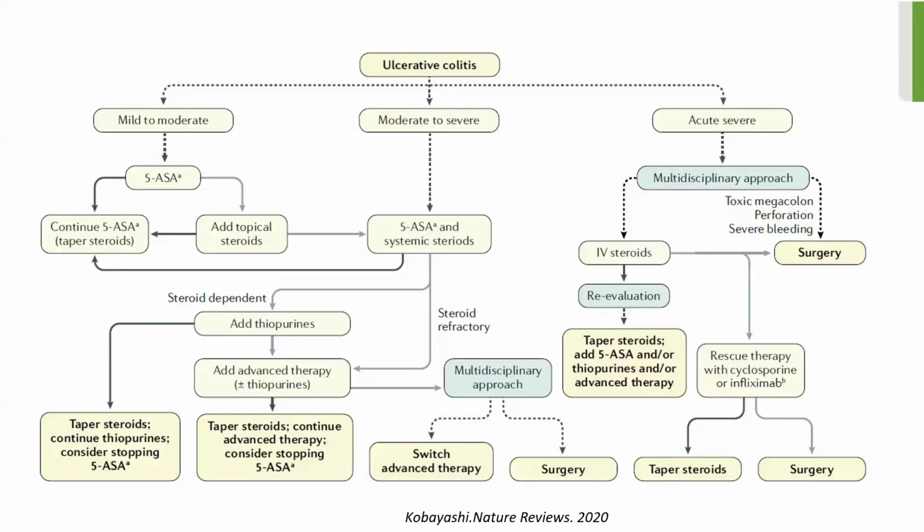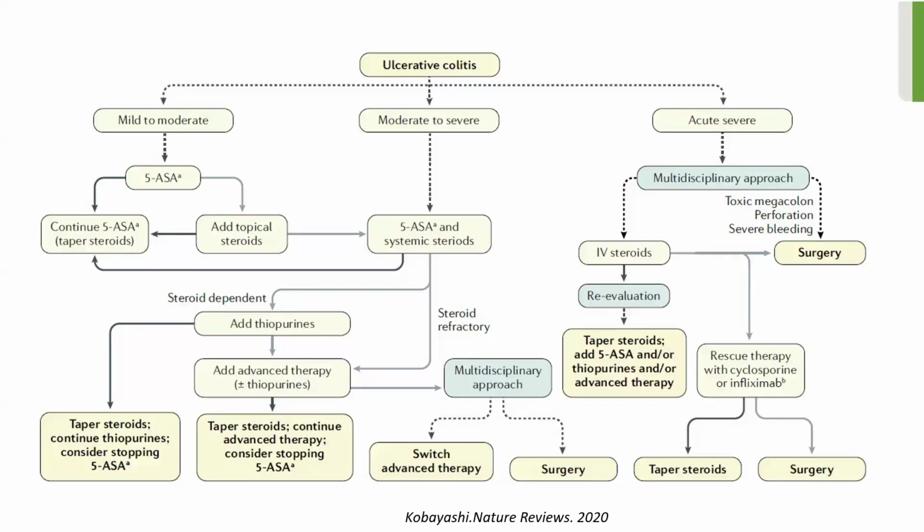In patients who require steroids or who are not responsive to steroids, we change them to steroid-sparing therapies like thiopurines or methotrexate. But then there's also the concept of advanced therapy. In terms of moderate to severe disease, patients don't have to earn an advanced therapy. If patients present initially with moderate to severe disease, they can be initiated straight on to advanced therapy. But of course, in our setting, we are very much limited in terms of availability of the advanced therapies.